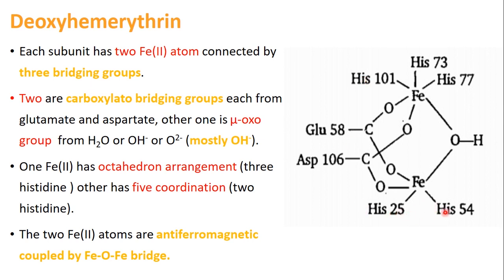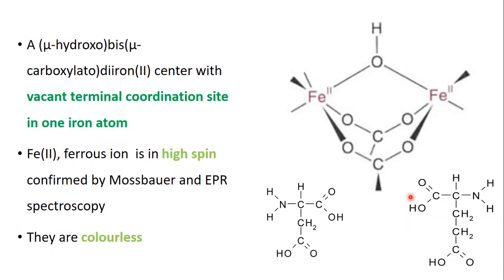There is antiferromagnetic coupling between these 2 Fe atoms through the Fe-O-Fe bridge. Antiferromagnetic coupling mainly happens between 2 atoms that are in their high spin state. Here these 2 atoms are in their high spin state. This was confirmed using Mossbauer and EPR spectroscopy.